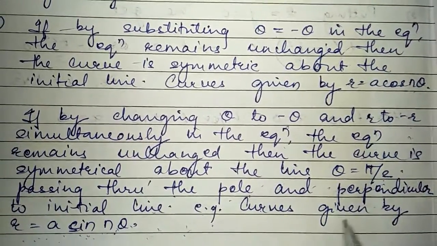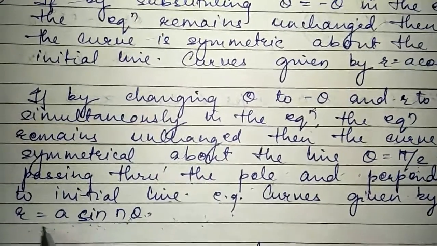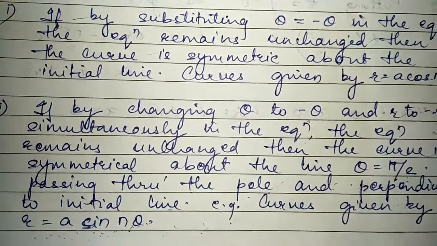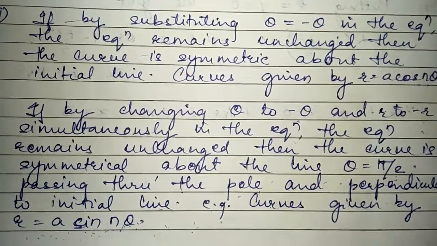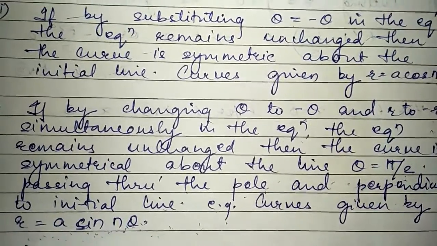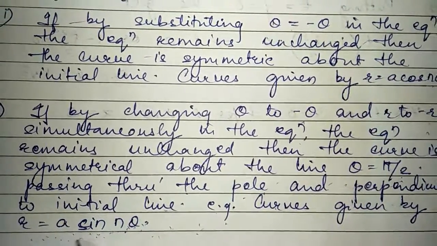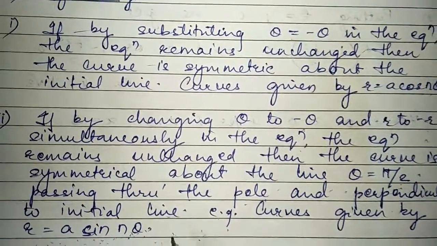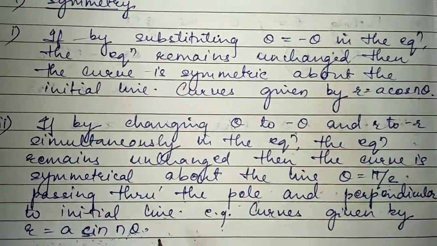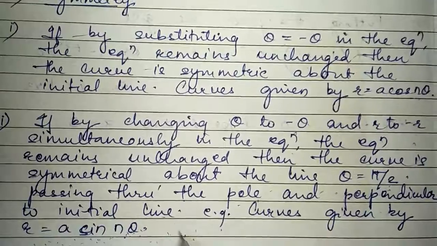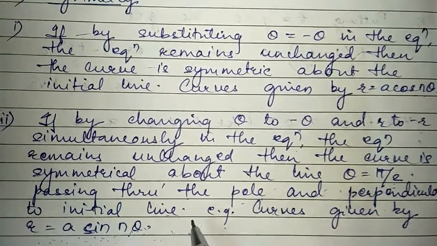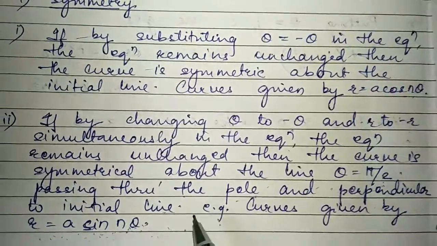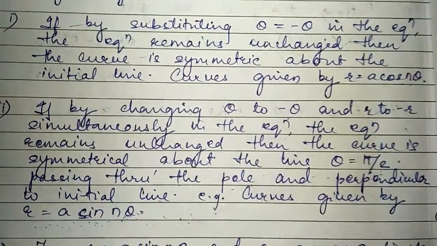For example, if the curve is given by r is equal to a sin n theta, if we replace r by minus r and theta by minus theta, what we'll have? We'll have minus r is equal to minus a sin of n theta, that is r is equal to a sin of n theta. That is, the equation remains unchanged. So we can say that the given curve is symmetrical about the line theta is equal to pi by 2.